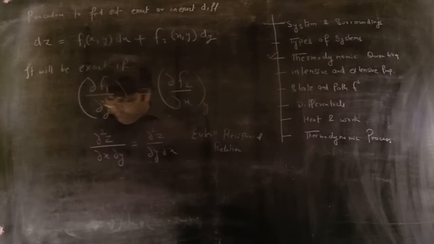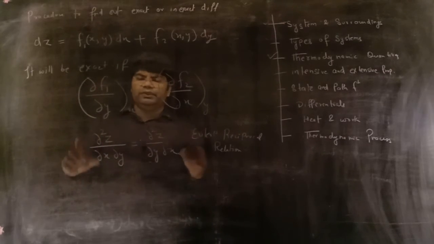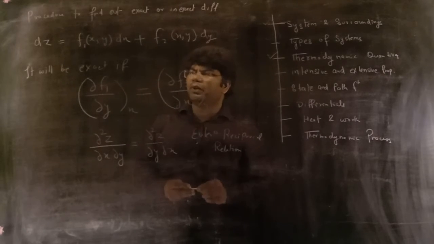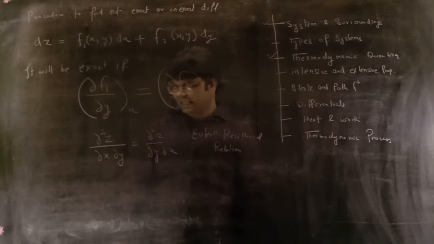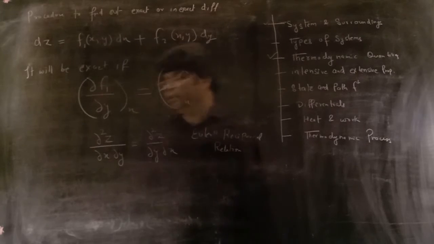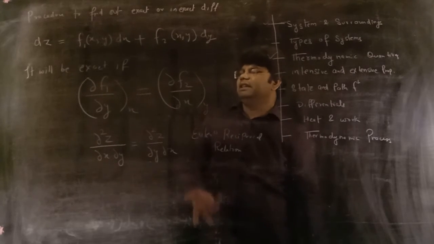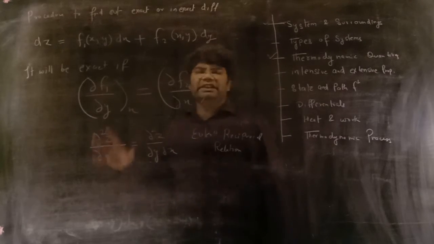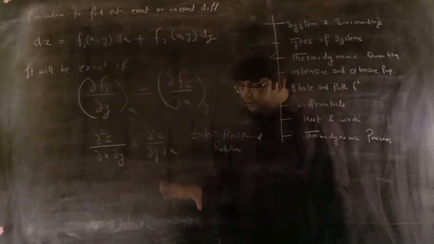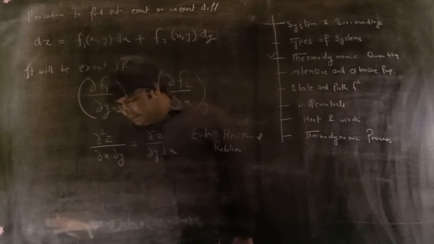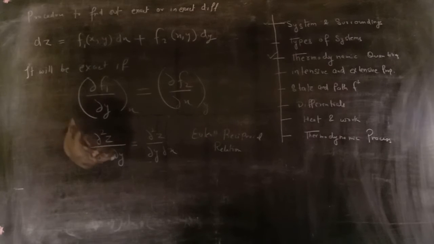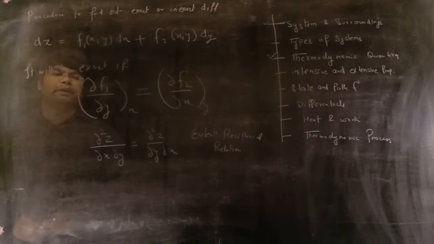So by using this equation you have to solve the previous question I gave. Then the question is why we are studying exact, inexact, total and partial differentiation. What is the use of these in chemistry? These are mathematical terms. Their use is this: point number 1, path functions are inexact differentials.